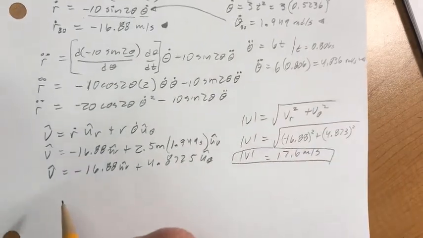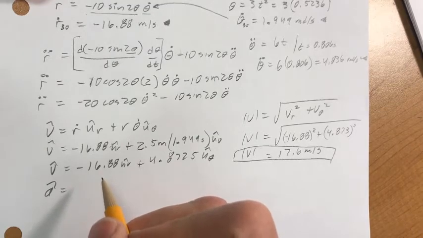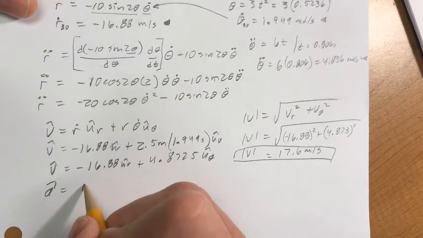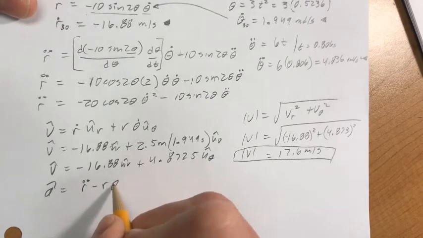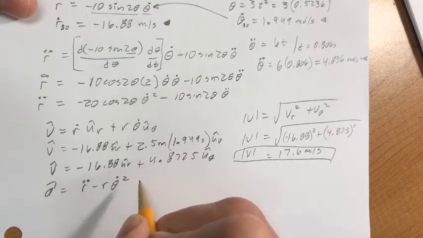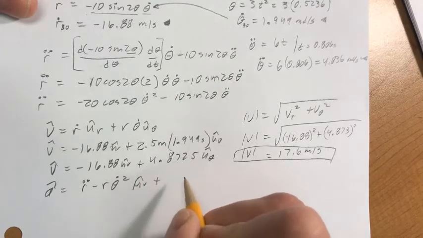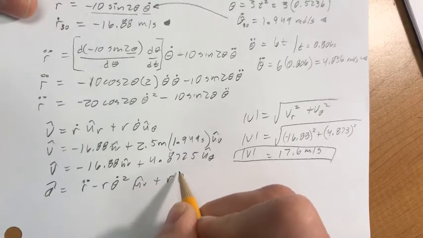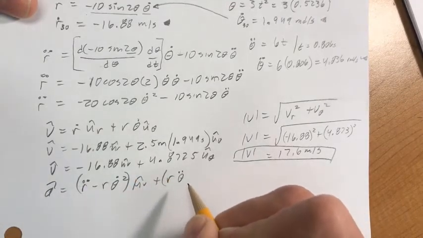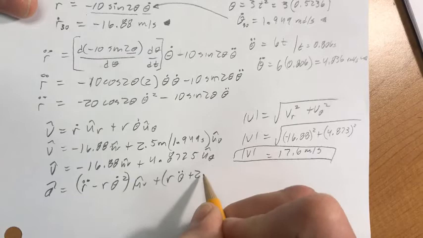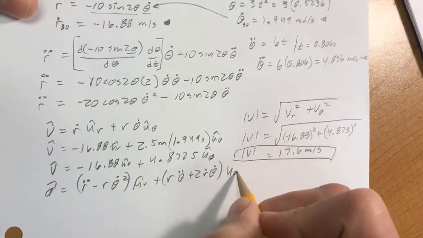Cool. Now the acceleration, a little more complex here, but we have all the numbers we need. We've got our r dot dot, double derivative of r, minus r theta dot squared, and that's in the radial direction, plus r theta dot dot plus 2r dot theta dot in the theta direction.